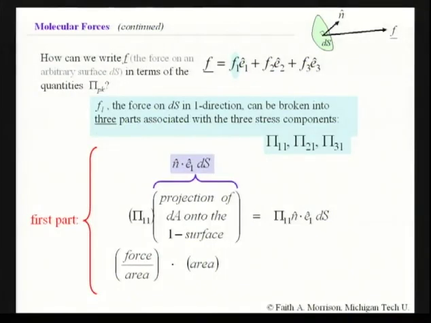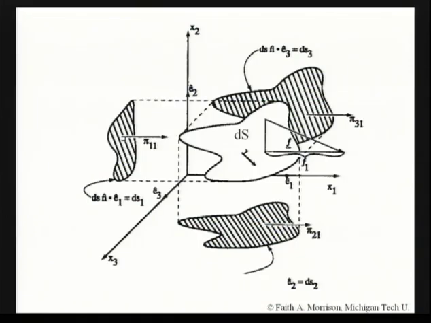Then we had to figure out how to combine these 3 stress components. And the answer is they combine by the projection of our arbitrary surface in those 3 coordinate directions. Okay? And so pi 1, 1 is the stress on a 1 surface in the 1 direction. So the projection of S, shine a light in this direction, get this shape.